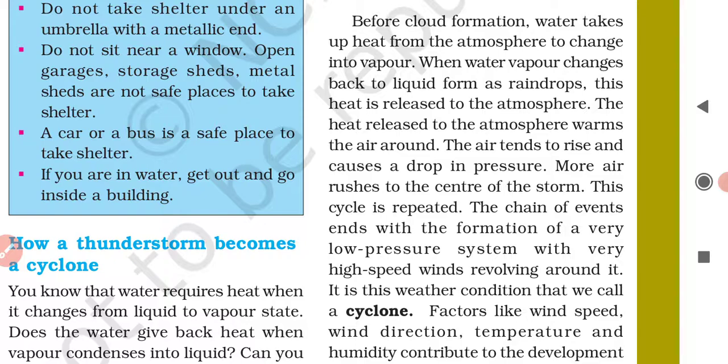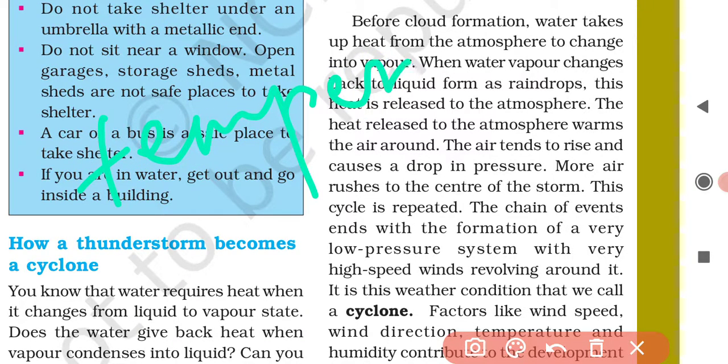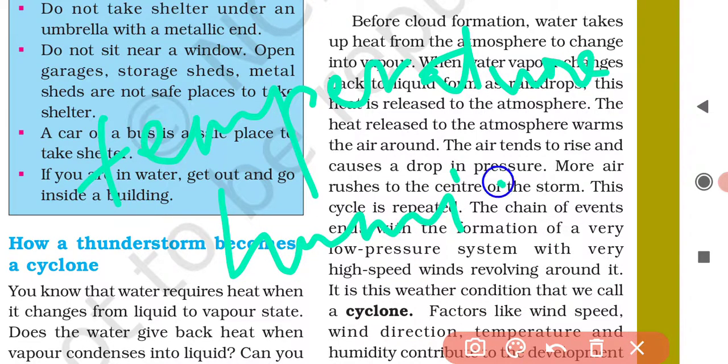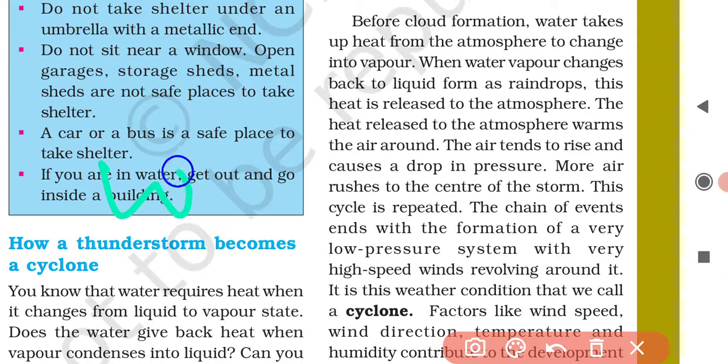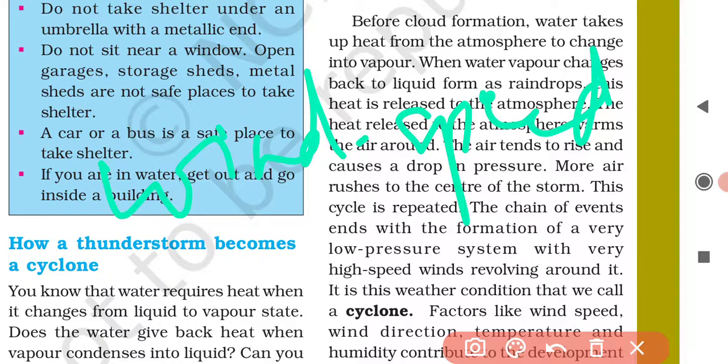Some of the factors which contribute to the development of a cyclone are temperature, humidity, and wind speed. These are some of the factors which contribute to the creation of a cyclone.